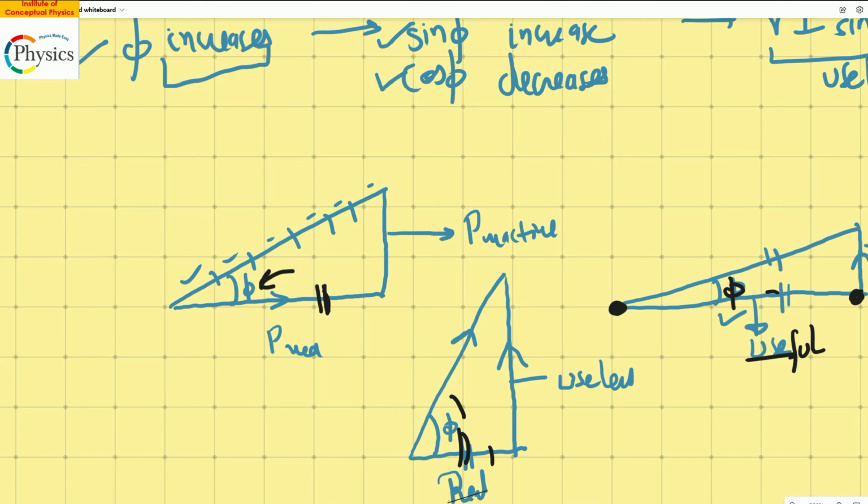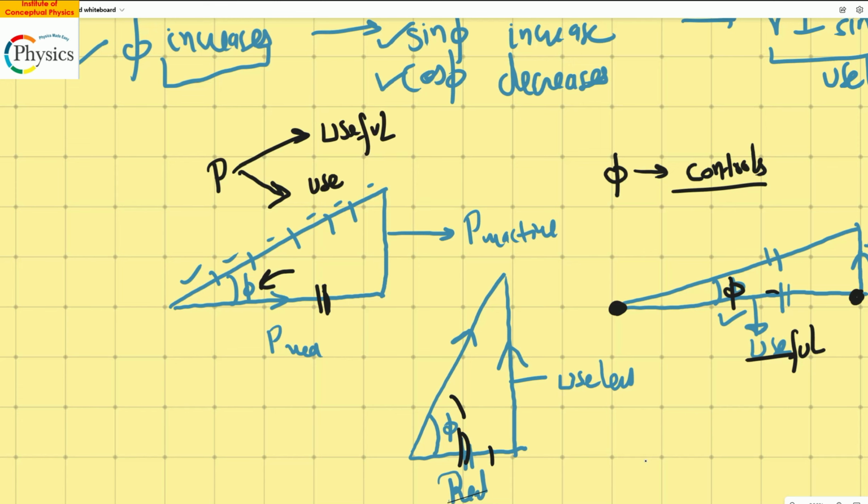So the phi angle is a very good controlling thing that controls how much useful power will be generated out of the P, how much useful will be there, and how much useless will be there, right? So how does the useful part and the useless part get decided? It is decided based on the phi. And if you see the formula of the power, P is equal to VI cos phi.